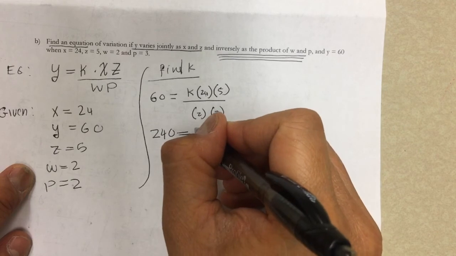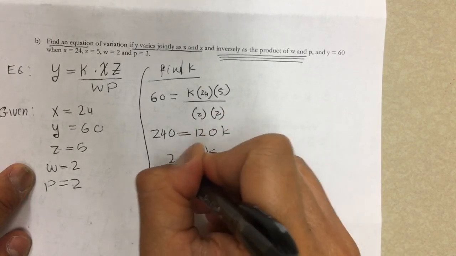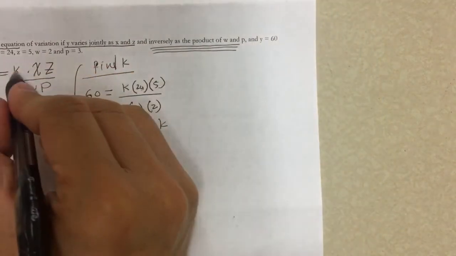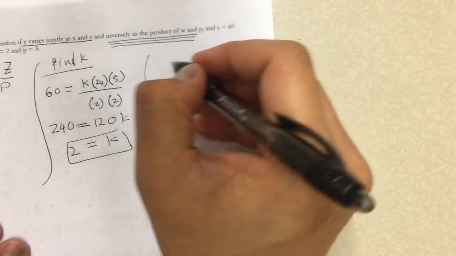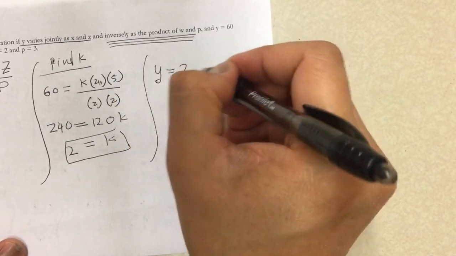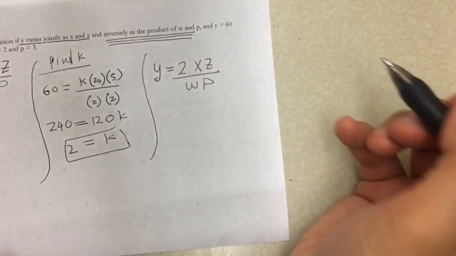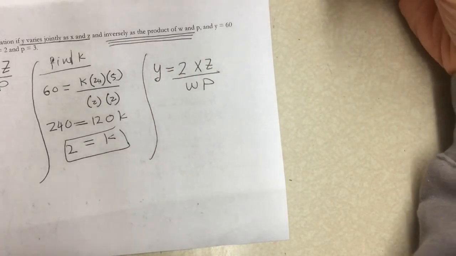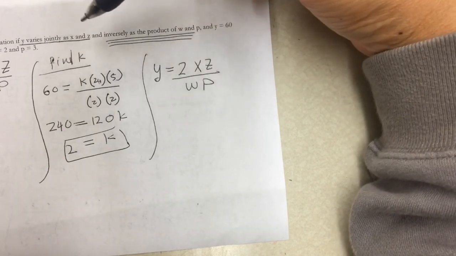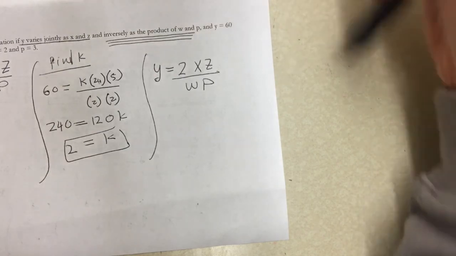With the remainder of 2, it is 120. So you have 120K. And then if you divide both sides, you get K equals 2. So once we have found 2, then we plug it in here for K. So our equation comes out to be 2XZ over WP. And that is the equation that varies jointly and also inversely with the W and the P.